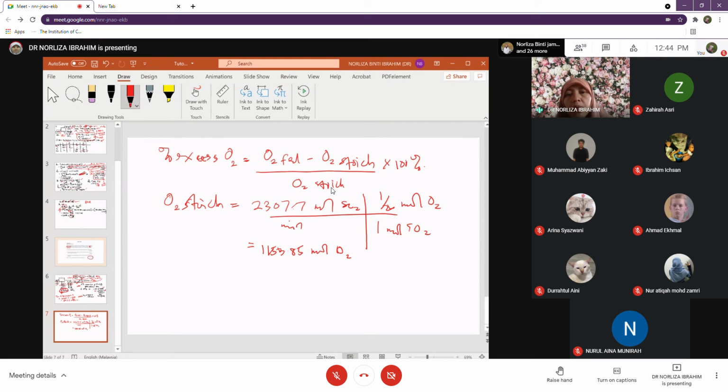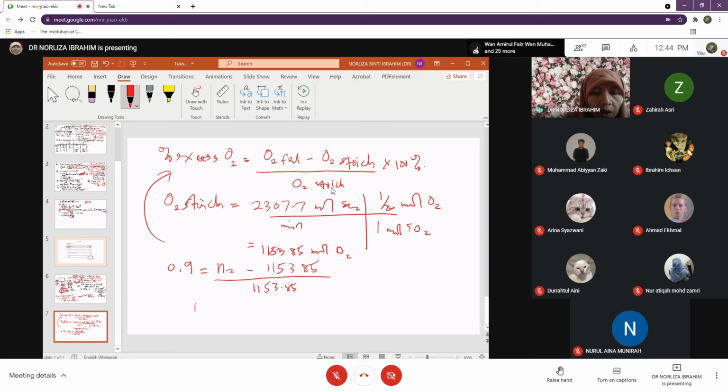Now it is actually fed with 90% excess. So using the formula here, 0.9 equals oxygen feed minus oxygen stoic over oxygen stoic. Oxygen feed, if I refer to my drawing, is N2. Oxygen stoic is 1153.85, over 1153.85.